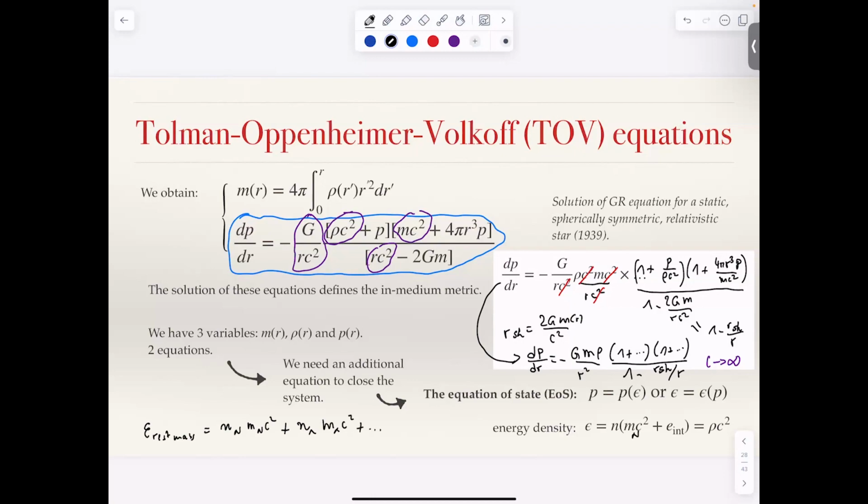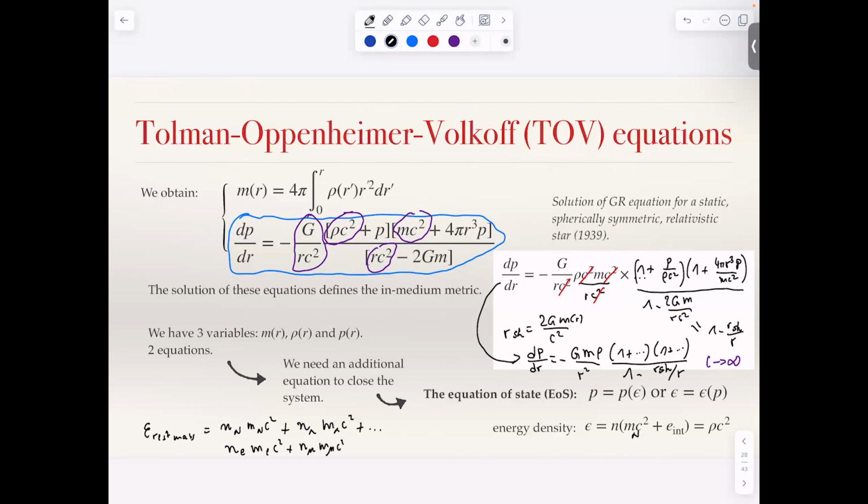And if you have additional terms, then you have to add the contribution of all these additional particles with their associated density. If you want to be exact, you have to add them, though some are negligible. But if you have muons, you have to add in the rest mass all the contributions from all the particles in your medium.